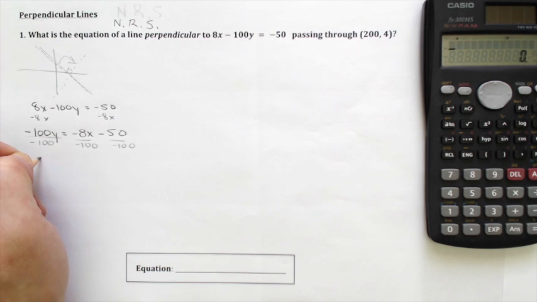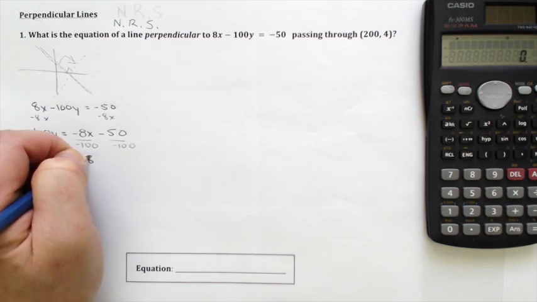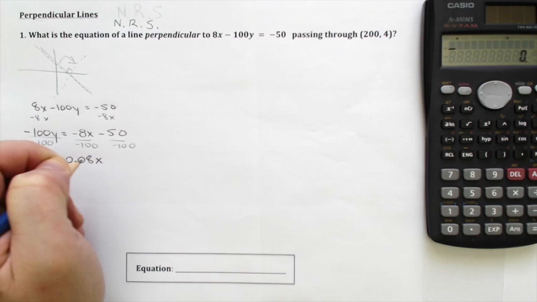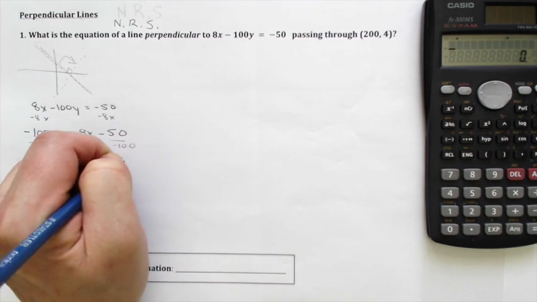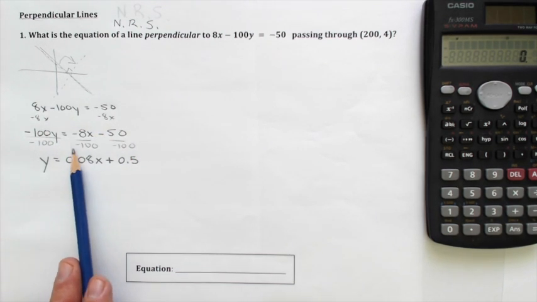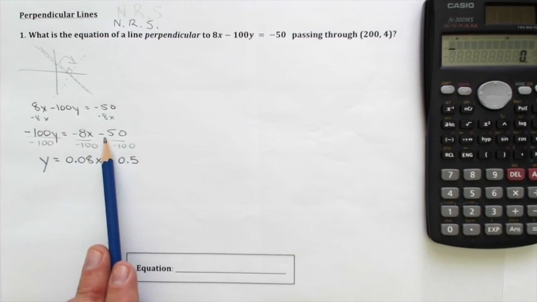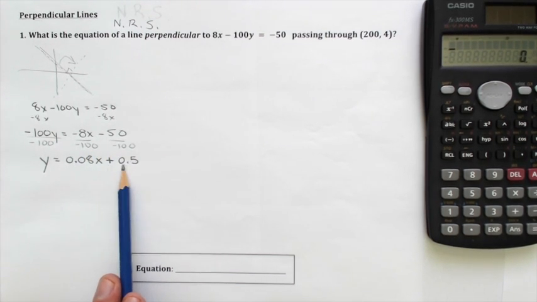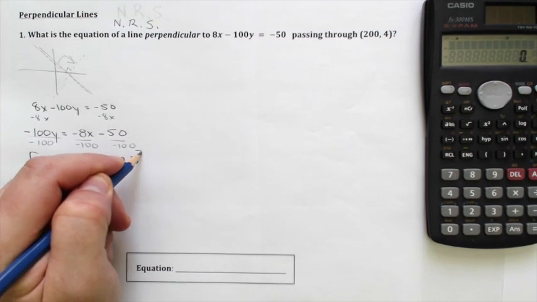When I do that, I'm going to get y is equal to positive 0.08x plus 0.5. So negative 8 divided by negative 100 gave me positive 0.08. Don't forget your x. And negative 50 divided by negative 100, positive 0.5. So this is the equation of the line that we know.